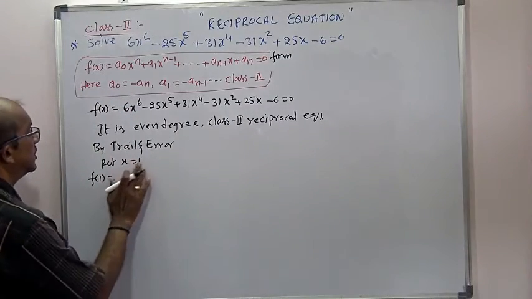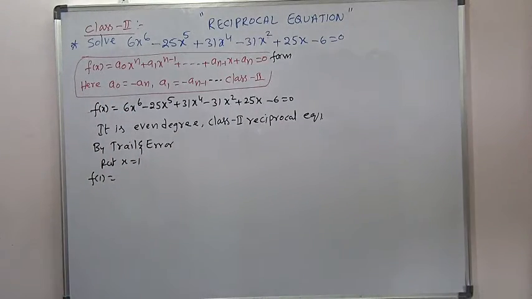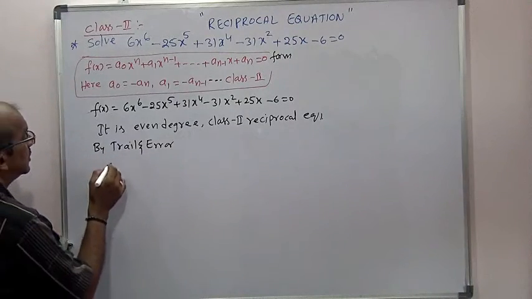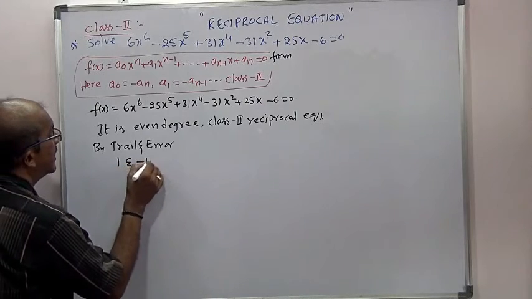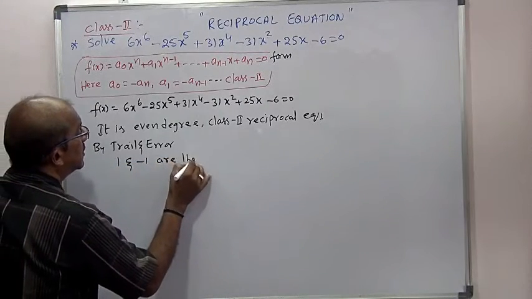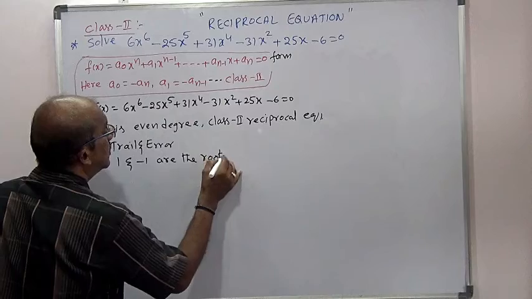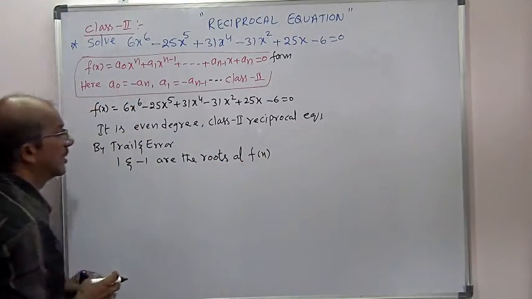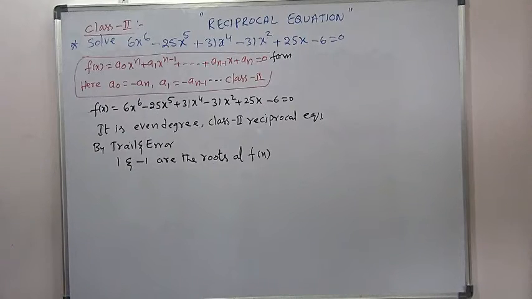So it is 0. So by trial and error, 1 and minus 1 are the roots of f(x).